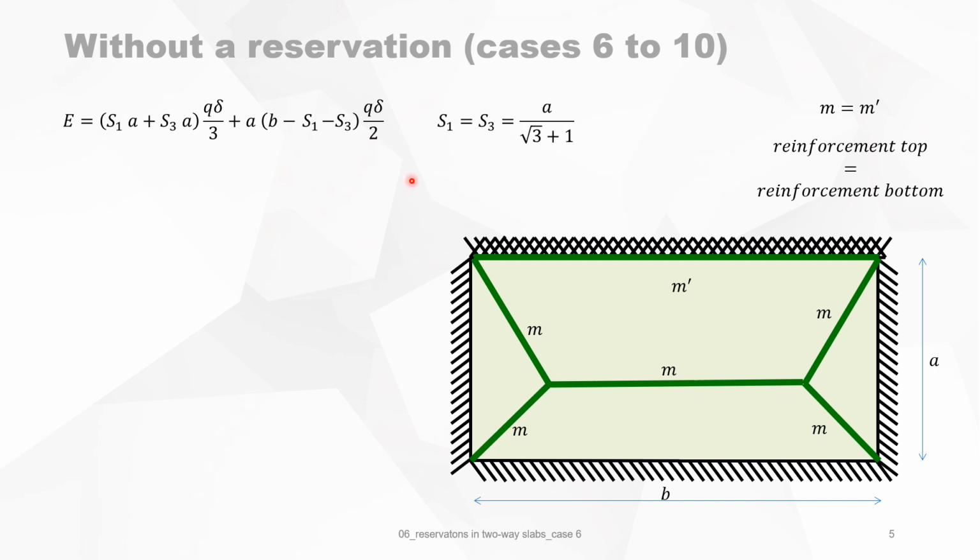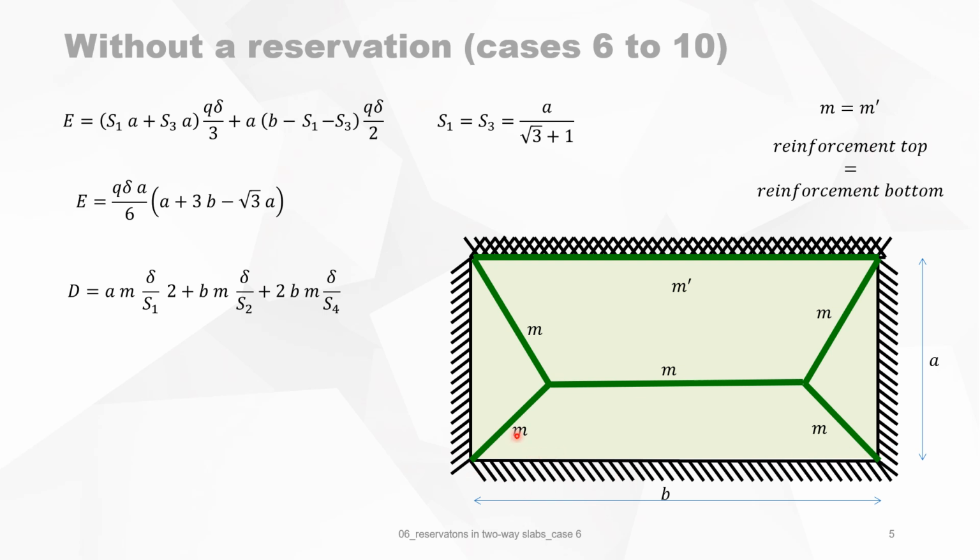We know that S1 is equal to S3 is equal to A divided by 1 plus square root of 3. And substituting this variable, we will end up with this formula for the work done by the external forces. Now, the work done by the internal forces are those bending moments projected to the rotation axis.